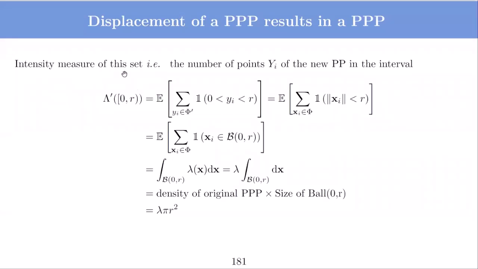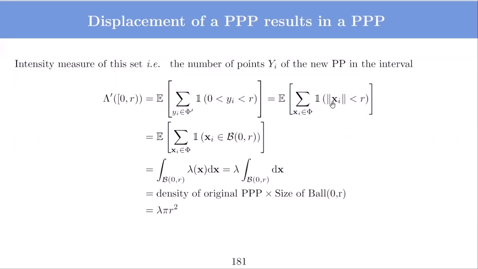So the intensity measure of this set, the number of points of the new point process phi dash in the interval 0 to r, is given as lambda dash(0,r) is: you go to each point of phi dash and ask, are you inside this interval? So it means you should be between 0 and r. Then I can write this summation in terms of the original point process. So this is a summation over xi, and instead of yi, you have norm of xi less than r. I have skipped greater than 0 because the norm is always greater than 0.